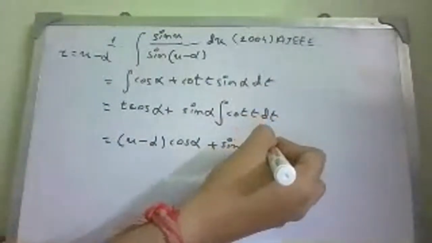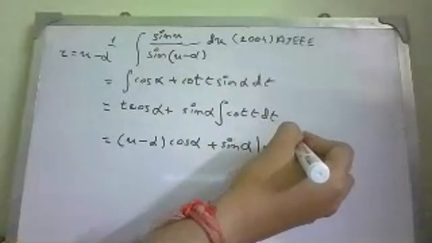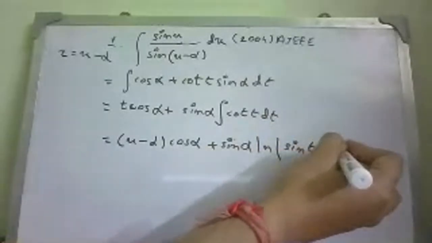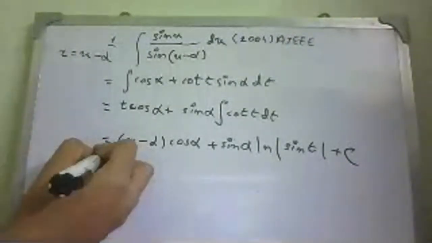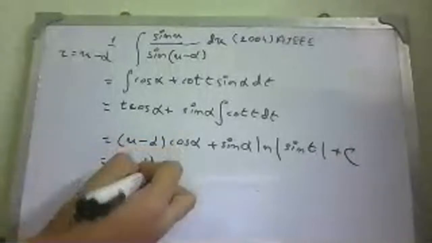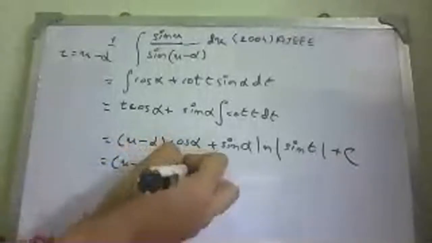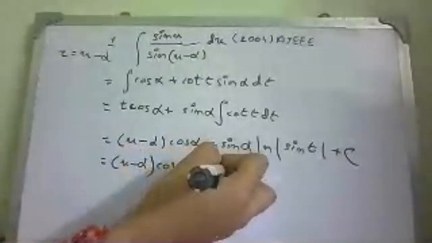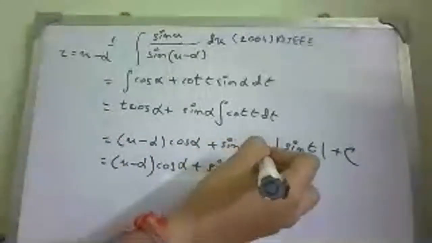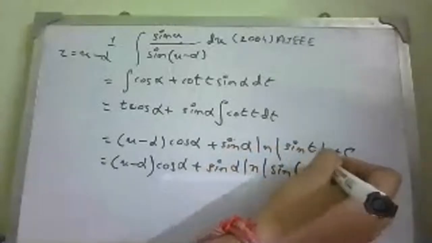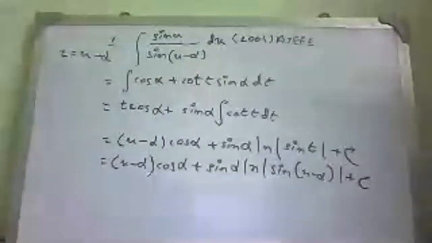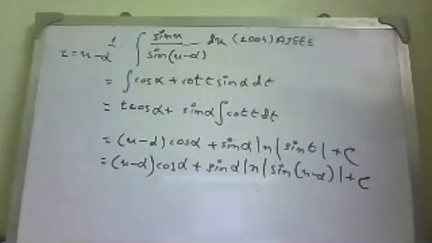The integral of cot t is nothing but natural log of sine t, with a plus c over here. So the final answer is (x minus alpha) cos alpha plus sine alpha natural log of sine (x minus alpha) plus c.